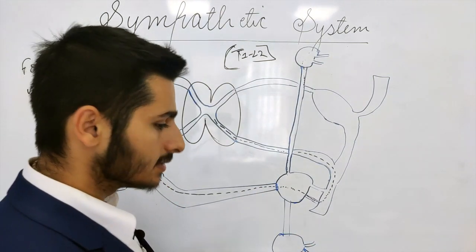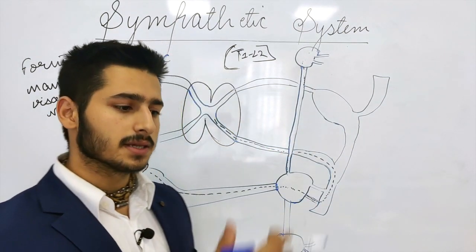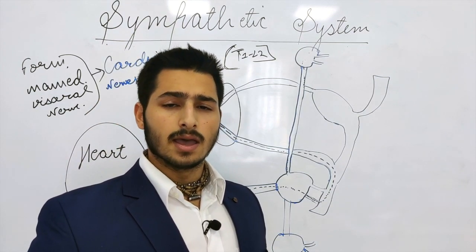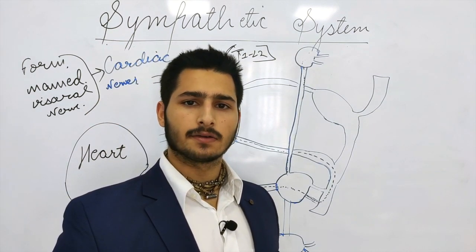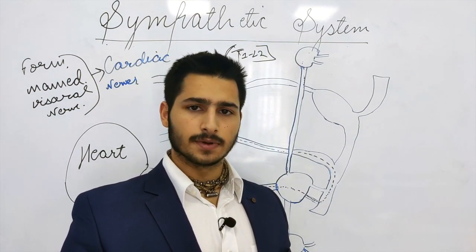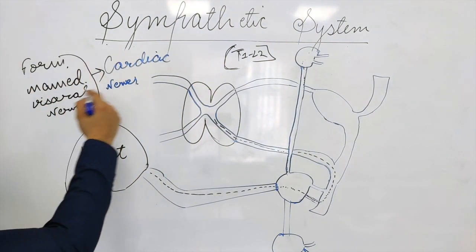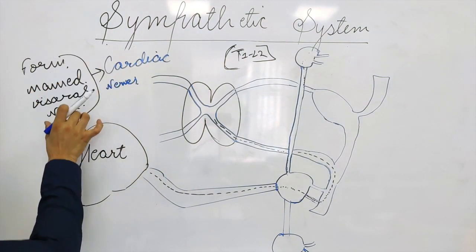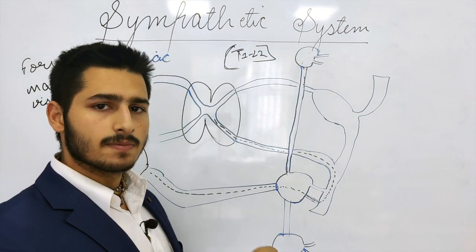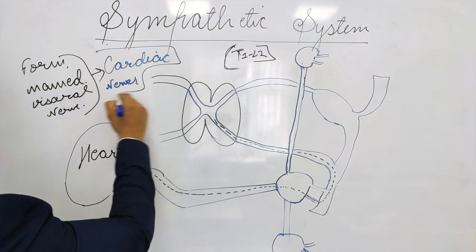And sometimes these fibers ascend in the paravertebral trunk without synapsing. And when they synapse, these postganglionic fibers join the other fibers from different levels and form named visceral nerves. These nerves are named for the organ they're innervating, for instance, the cardiac nerves.